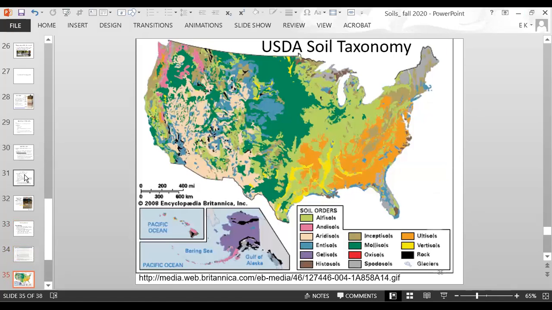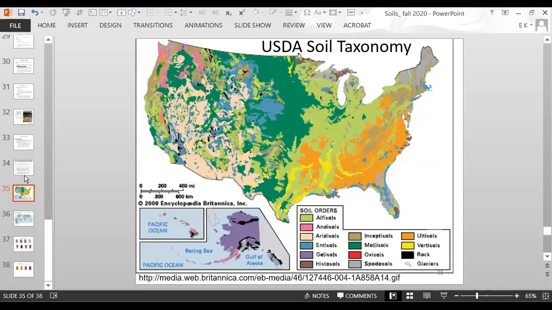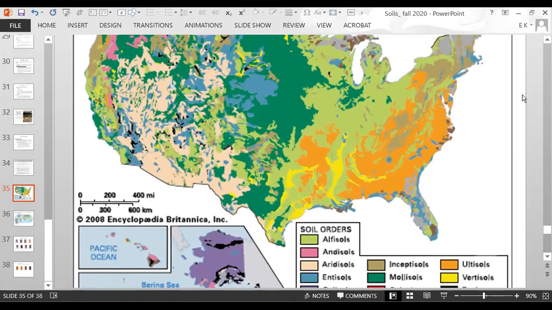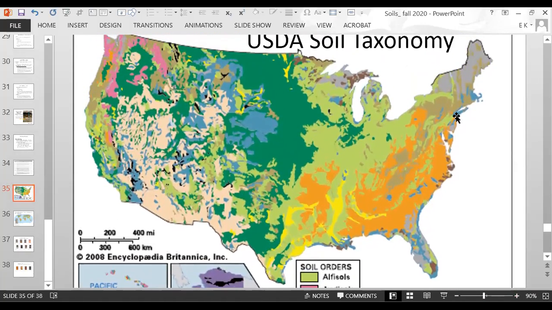So this is a map that shows you the soil taxonomy of the United States. And this is the USDA, that's the United States Department of Agriculture. So you could look more closely and see the type of soils that we have here, okay?